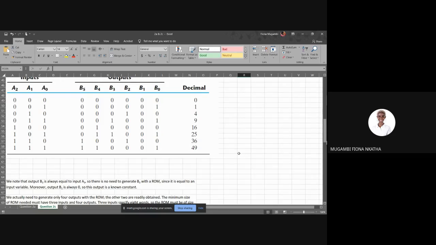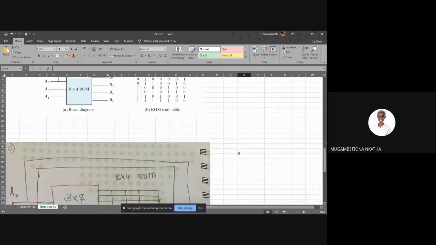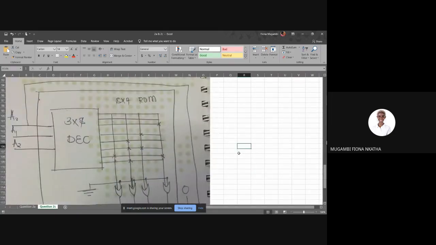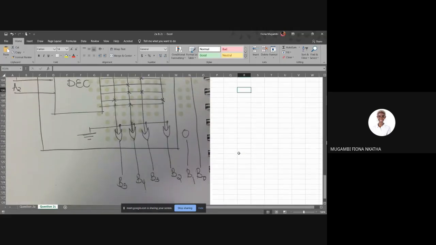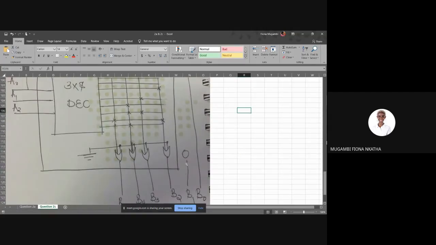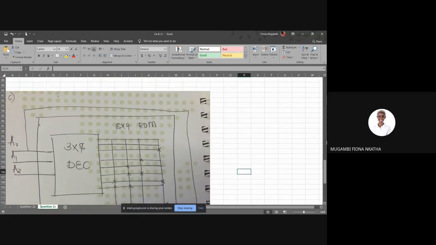It's much better if we get rid of these and set them to their respective values. Is there anyone with a question? So here B1 is set to 0 and B0 goes to A0.